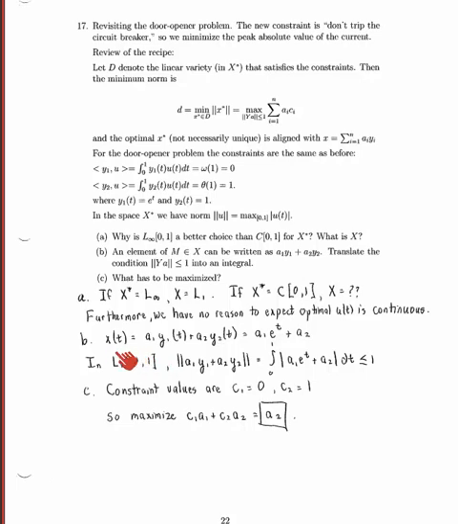So, now what we have to do is figure out what an element of X looks like. Remember, that's some constant A1 times the first constraint plus some constant A2 times the second constraint. And the constraint functions are exactly the same ones as before. All we've changed are the norms.